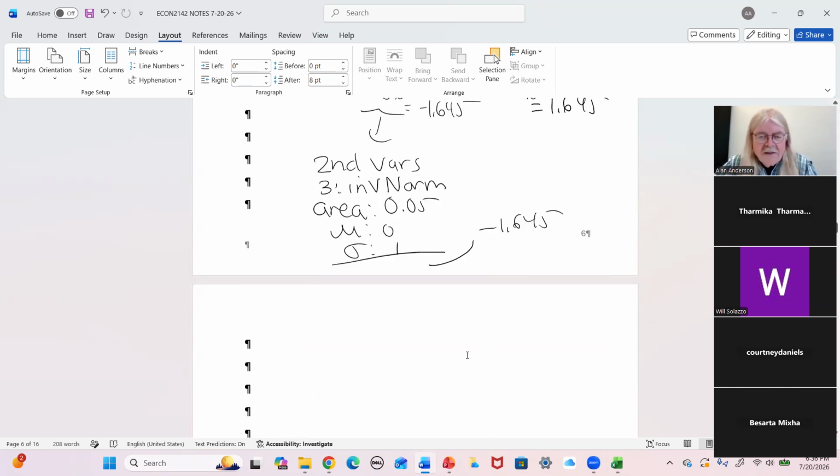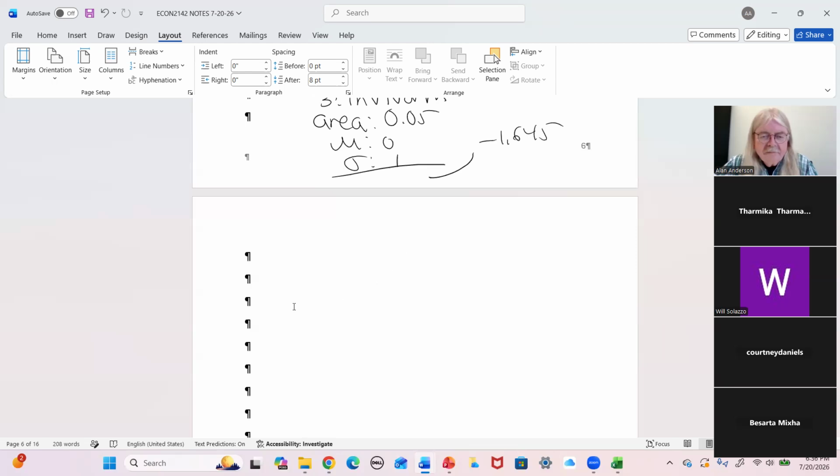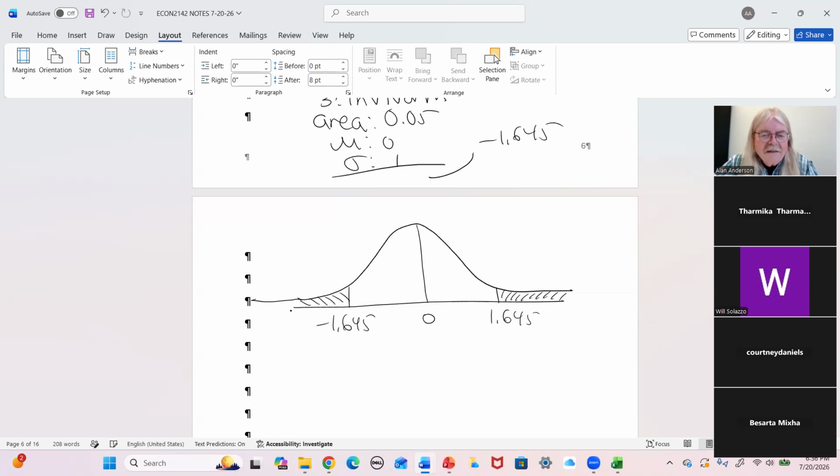All right, but our test statistic is so far out here. This is not drawn to scale by any means. We're way out there on the left.